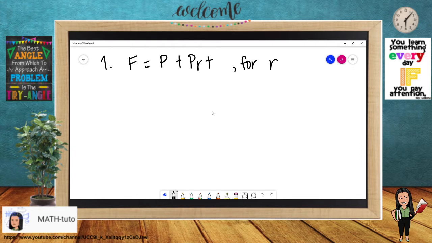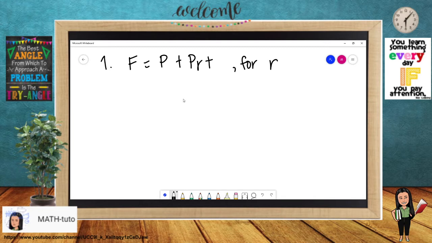So that is why we solve literal equations: how do we get that specific variable, just in case we don't know the other variables yet? Just like for this one, we are solving for R.